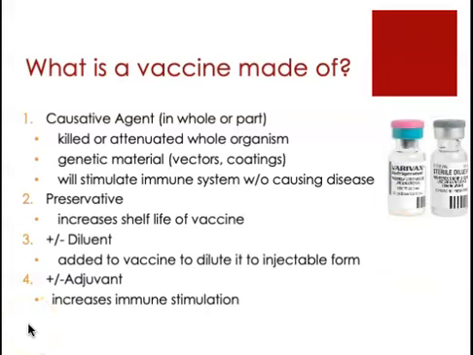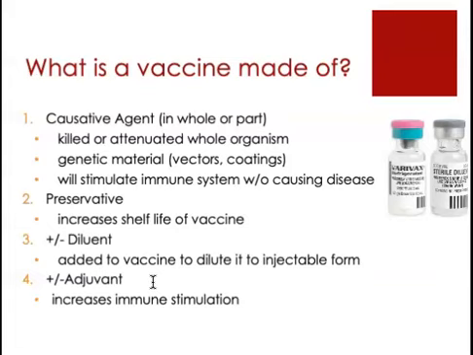Last on the list is also one of these plus-minus ingredients, and that's adjuvants. Not all vaccines need an adjuvant. What an adjuvant does is provide increased stimulation for the immune system. In other words, an adjuvant is a chemical that all by itself will stimulate the immune system.